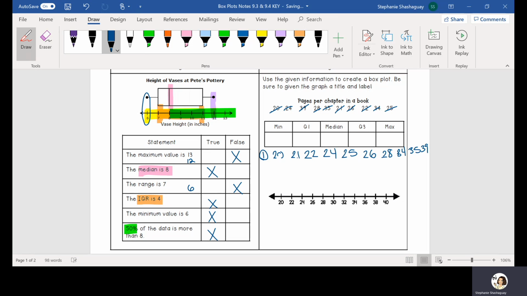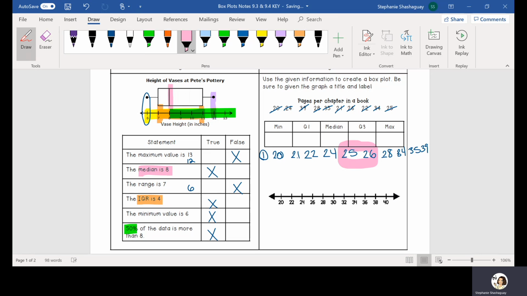All right. Now that I have all of my numbers written down, I need to look for the middle number. Okay, so I have 1, 2, 3, 4, 5, 6, 7, 8, 9, 10 data points. So the middle is going to be right here.